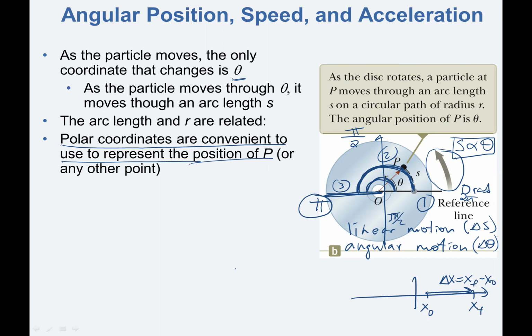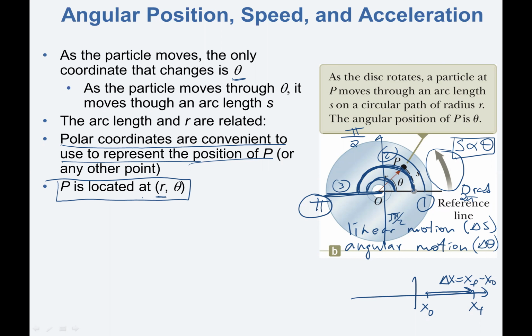What if I say it's pi over 2? That means you know what it is. 3 pi over 2 or 2 pi and 5 pi over 4, whatever, right? You will always know the position when I represent it in terms of polar coordinates or angle. Okay. Now, what I can do here is say P is located at R. R is the distance of that point P relative to the axis of rotation.